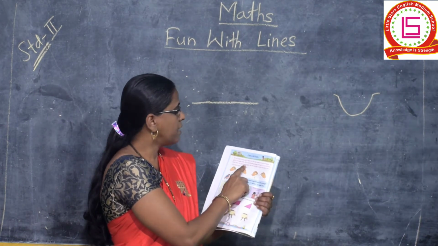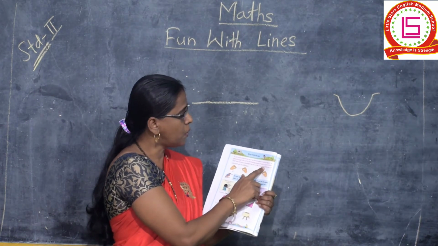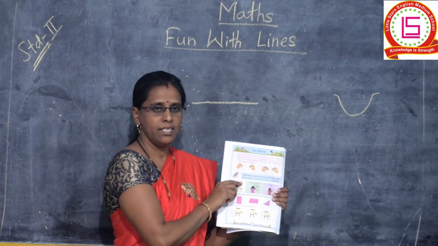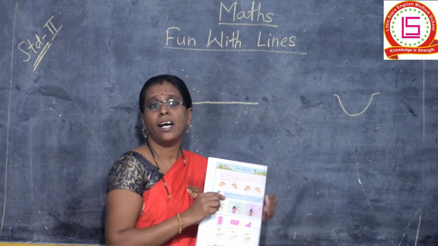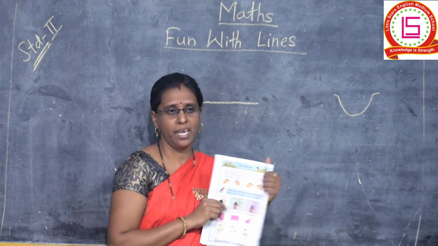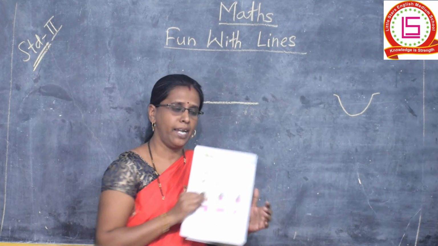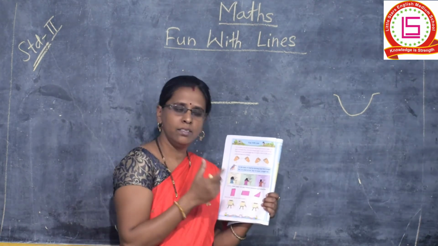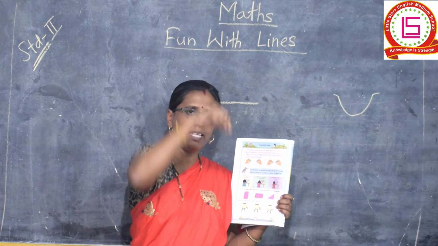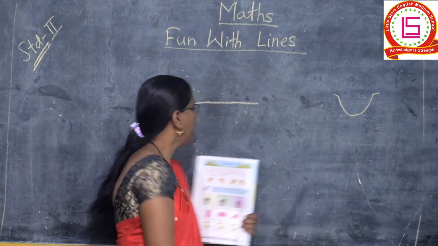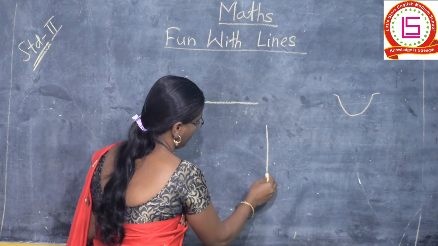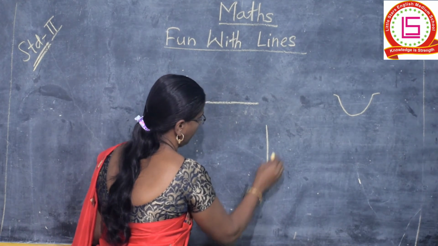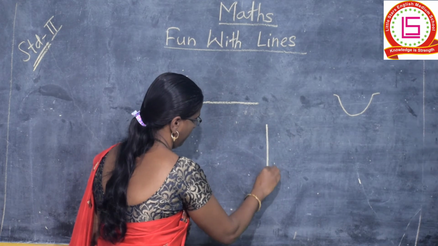See how we get a straight line if we tie a stone to one end of the thread and let it hang. You have done this activity many times. Take one thread, tie a stone at one end, and then hang it. Then we get a straight line like this. Here is the thread, here is the stone.